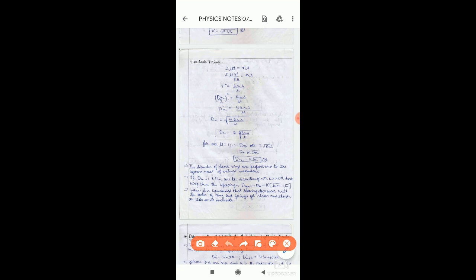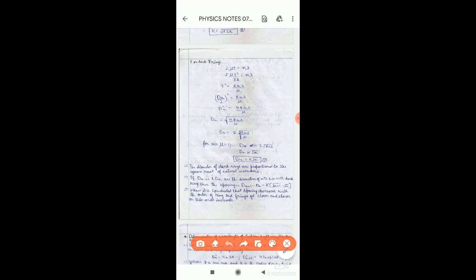So it becomes (Dn by 2) whole square equals R n lambda upon mu. So Dn square equals 4 n R lambda by mu. Dn equals under root 4 R n lambda upon mu. So Dn equals 2 under root R n lambda upon mu.